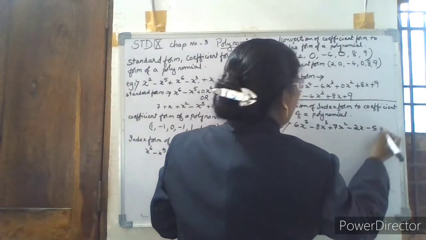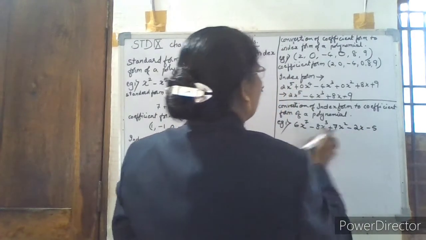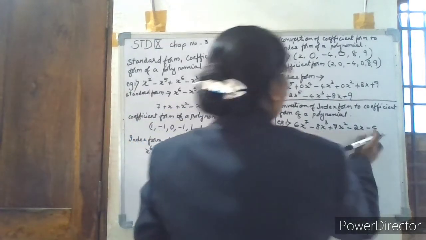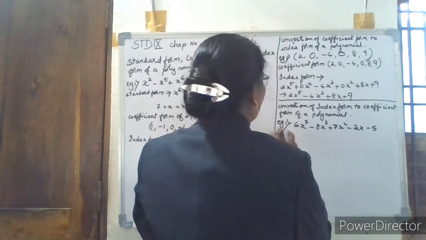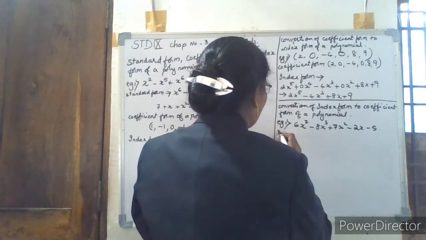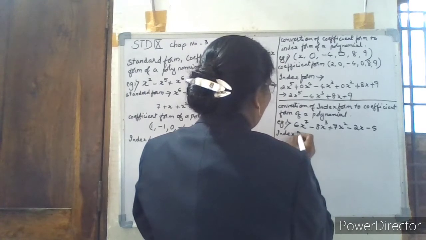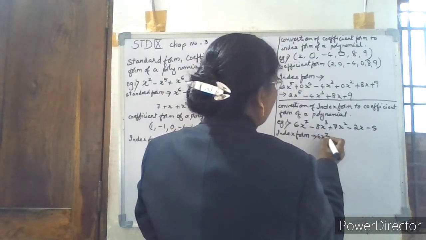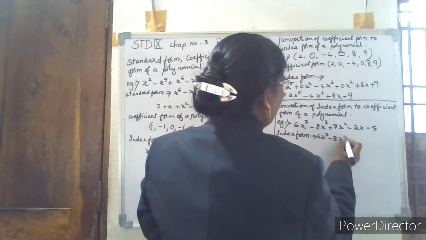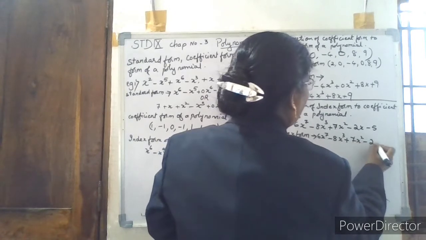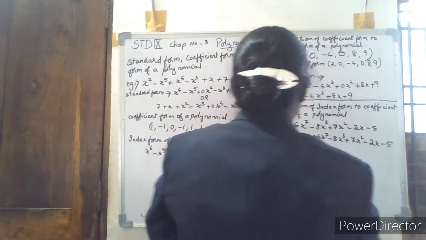This is the index form. So, the index form is given as 6x raised to 7 minus 8x cube plus 7x squared minus 2x minus 5. Now we will convert this into coefficient form.